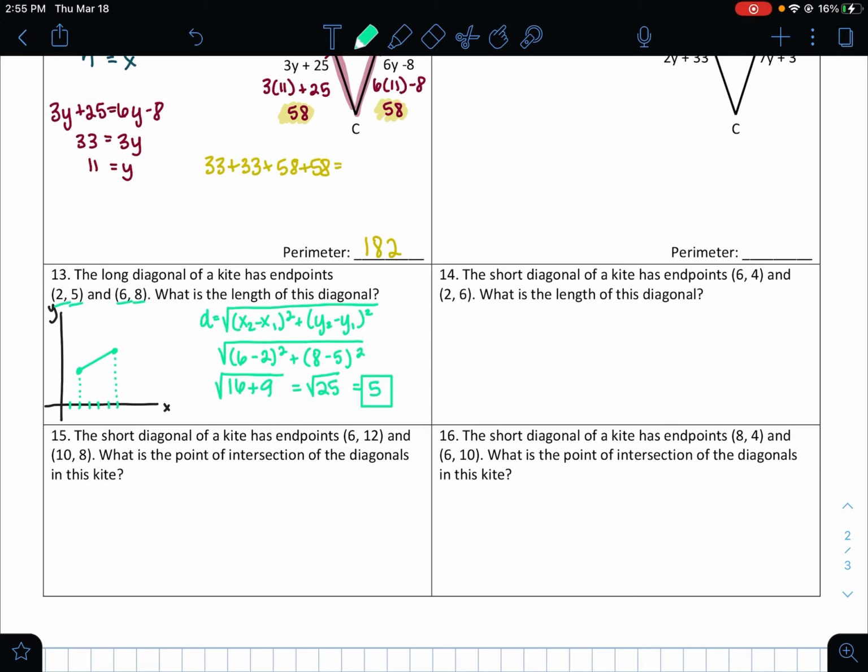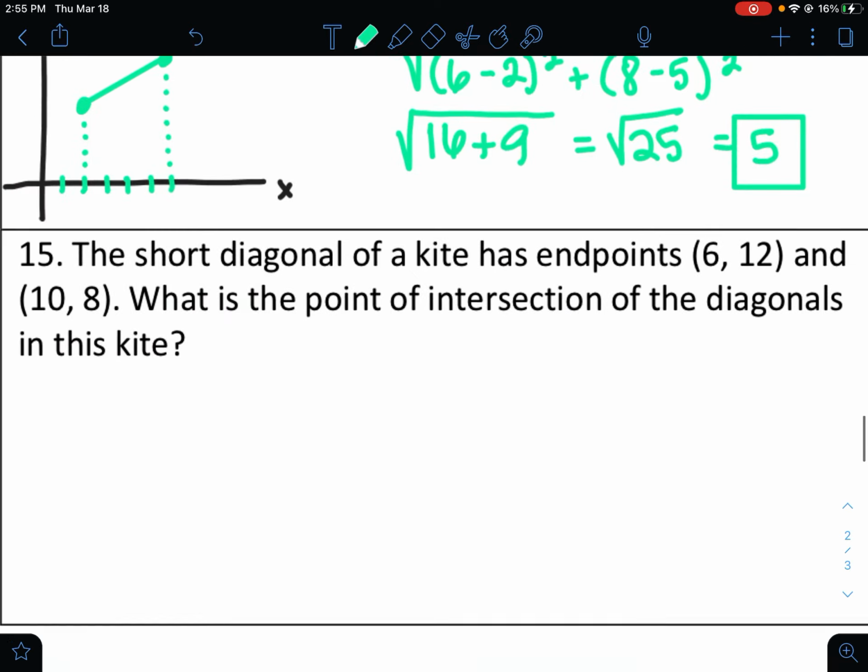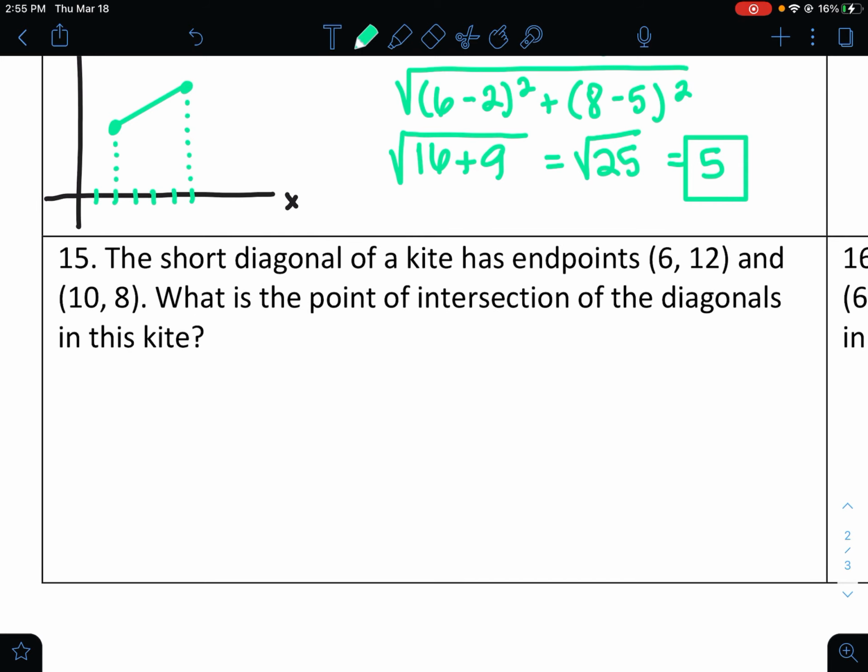All right, so let's go ahead and move on to number 15. Okay, now this one's different because it's talking about a point of intersection. So again, I'm going to go ahead and sketch it. Okay, so that's my x, that's my y.